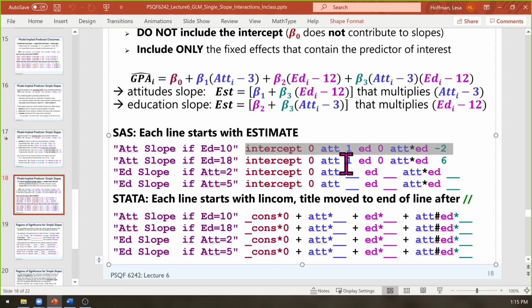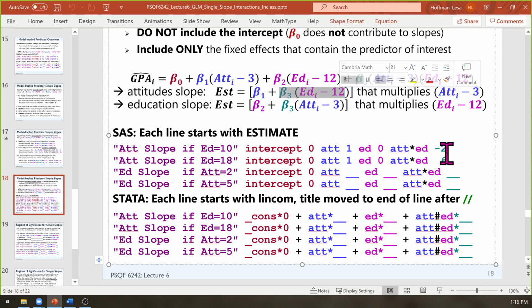Of the terms that are left, attitude 1 here refers to the idea that at a minimum, the slope of attitudes is going to be the slope given by its simple main effect. At a minimum, we need a beta 1. The influence of the interaction term is then added by providing the value of the moderator variable at which you want the predictor slope.